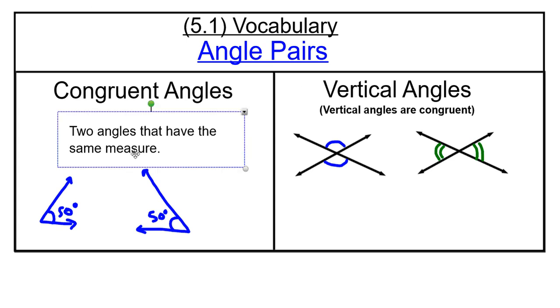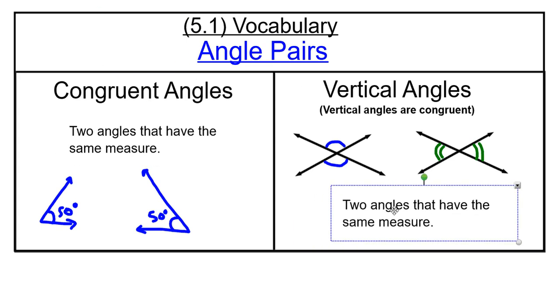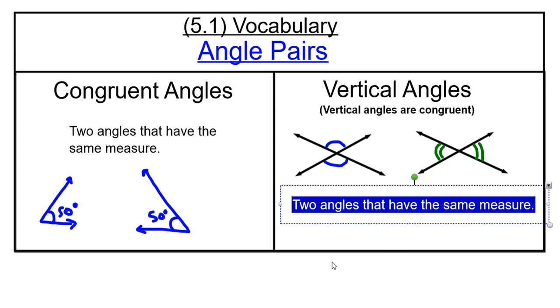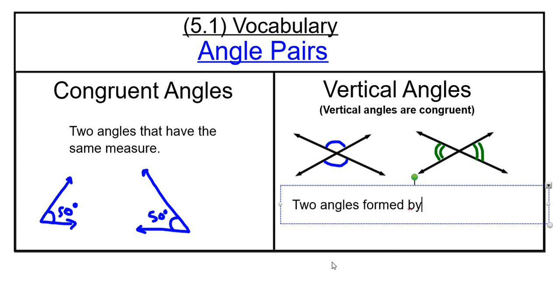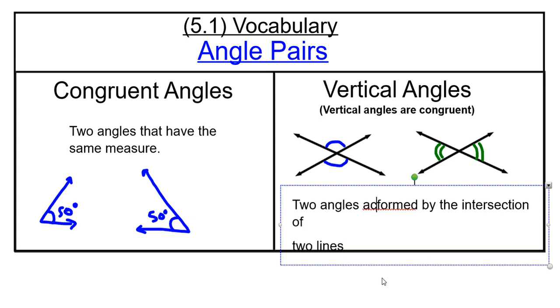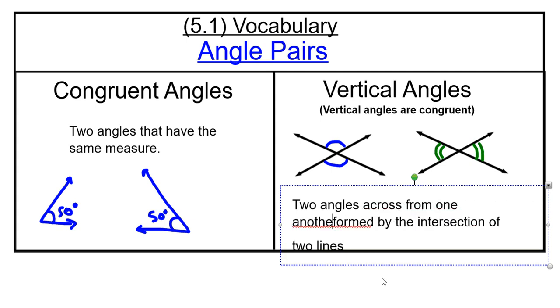So let me just sum that up and type out the definition. So vertical angles are two angles across from one another, formed by the intersection of two lines.